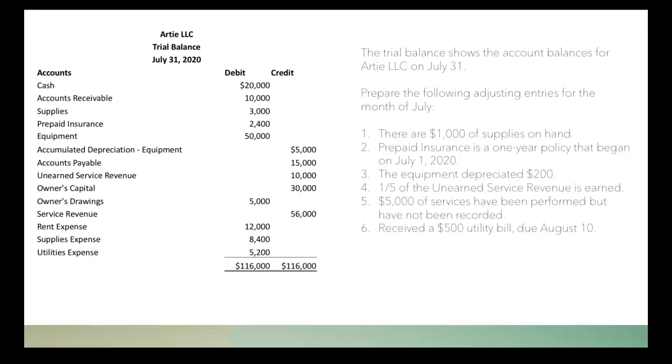We're told that the equipment depreciated $200. 1/5 of the unearned service revenue is earned. $5,000 of services have been performed but have not yet been recorded. And then we received a $500 utility bill due on August 10th, or due next month. Right, so those are the 6 different adjusting entries that we need to prepare here in this problem.